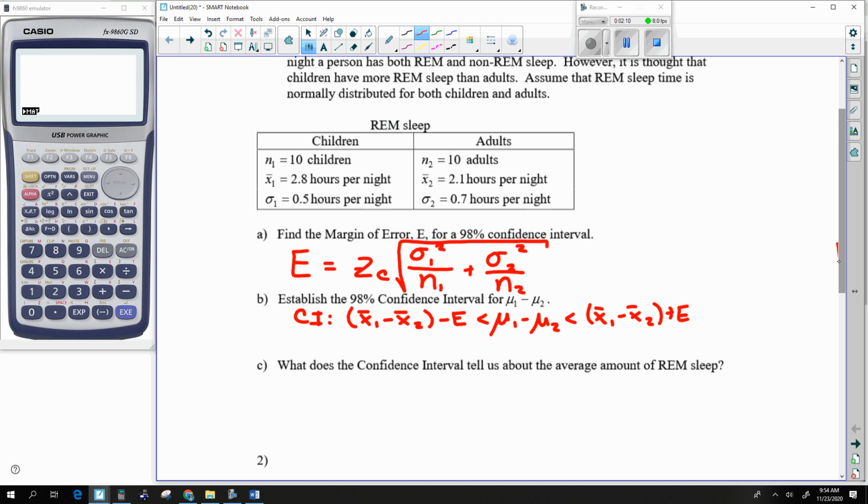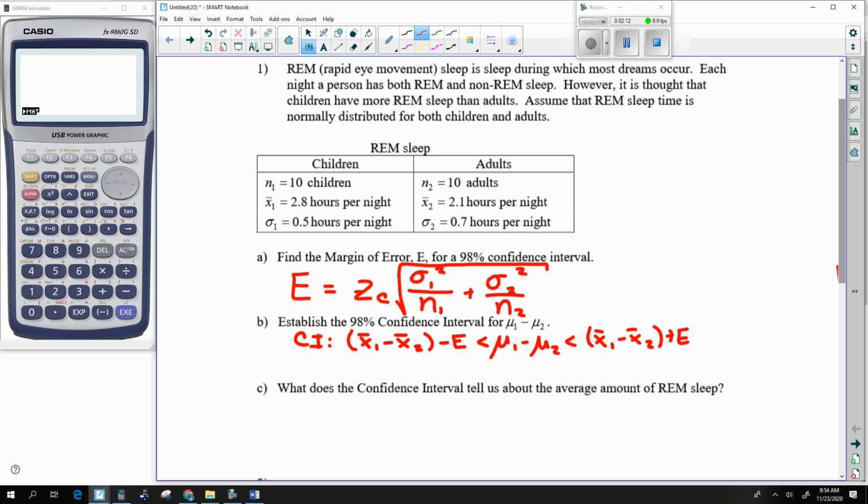Let's go ahead and start here. So here it says rapid eye movement sleep is sleep during which the most dreams occur. Each night, a person has both REM and non-REM sleep. However, it is thought that children have more REM sleep than adults. Assume that REM sleep is normally distributed for both children and adults.